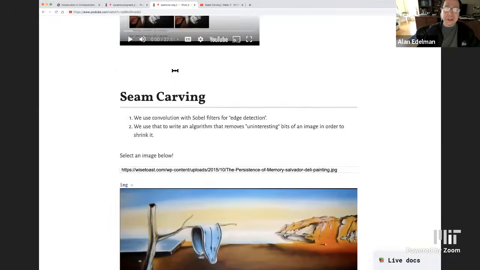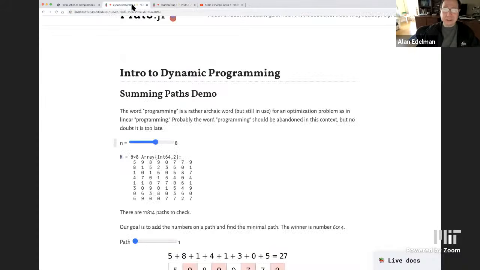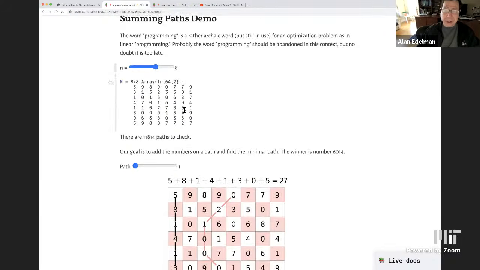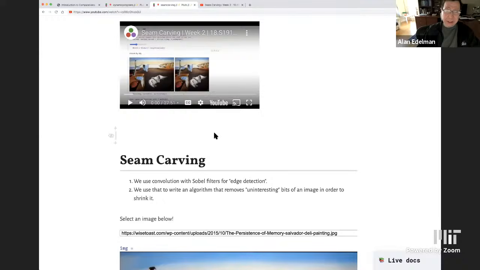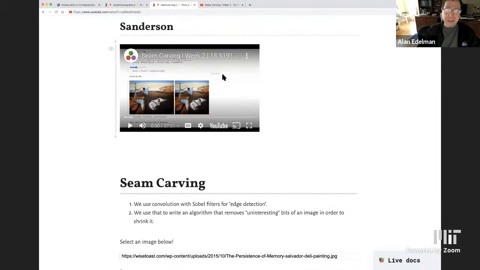Today I have a little demo here of a dynamic program, at least the concept of a dynamic program. And then what I'd like to do is actually illustrate seam carving with an example, and then play with you a fantastic video from last semester when Grant Sanderson gave a lecture on exactly this material, seam carving.